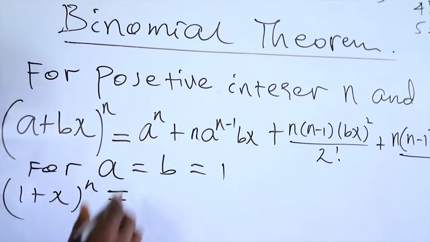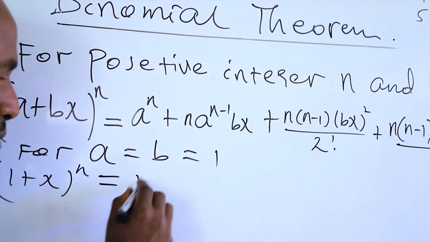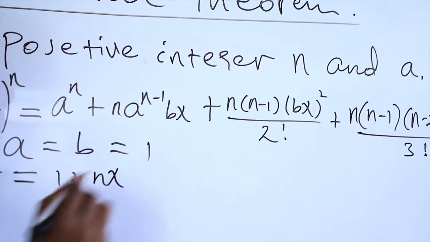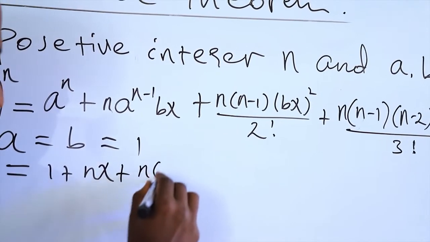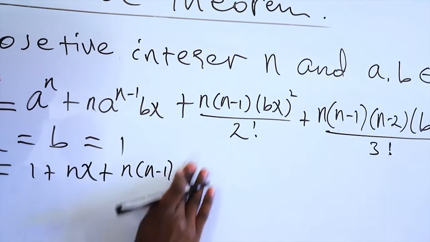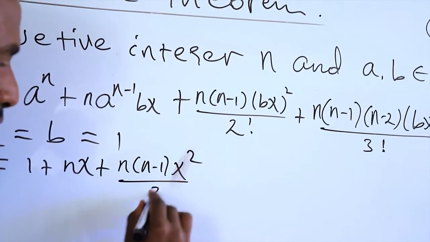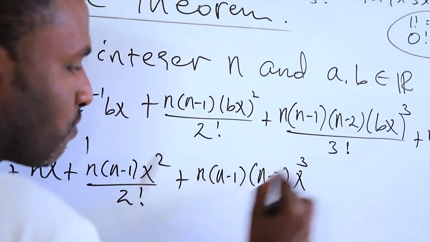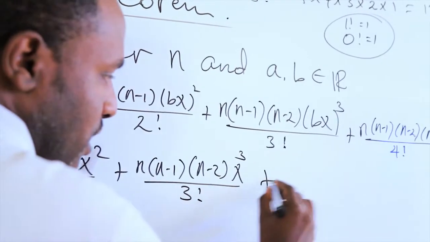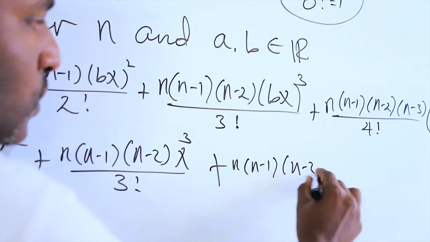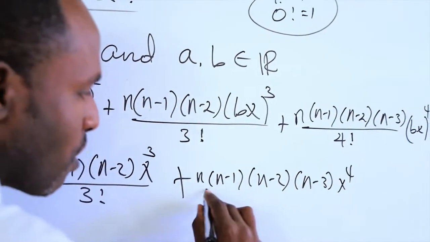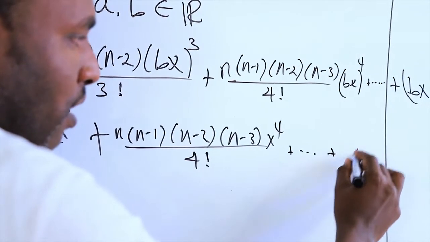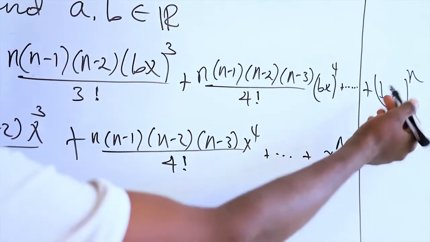Therefore this is exactly equal to 1 plus nx plus n times n minus 1 times x squared over 2 factorial plus n times n minus 1 times n minus 2 times x to the power of 3 over 3 factorial plus n times n minus 1 times n minus 2 times n minus 3 times x to the power of 4 over 4 factorial plus up to x to the power of n, because instead of b, b is 1, so it is simply x to the power of n.